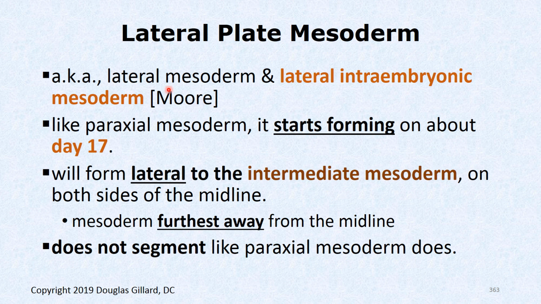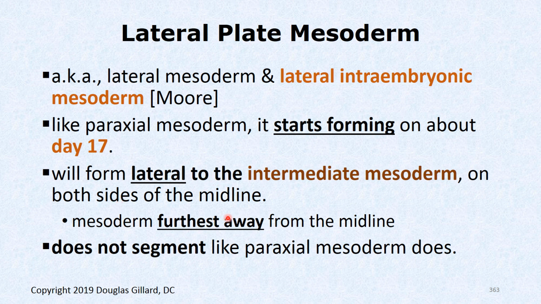All right, so lateral plate mesoderm. Some people just call it lateral mesoderm. It starts forming at the same time paraxial mesoderm does. It forms lateral to the intermediate mesoderm and the paraxial mesoderm.